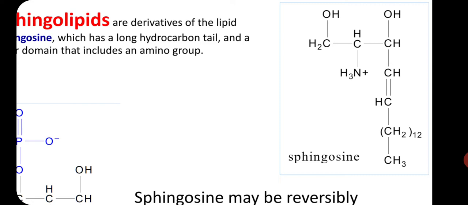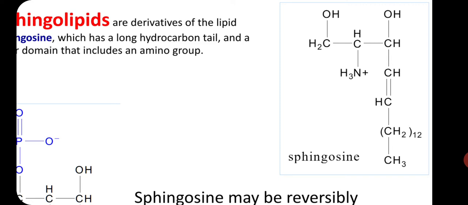CH2OH is okay. In place of the OH of CHOH, you have added NH3. And in the third location, CH2OH, you just remove one H and add 12, 13, 14, 15 carbons. So 15 carbons you have additionally added, and it becomes sphingosine.